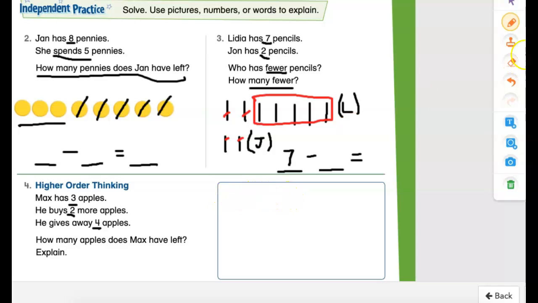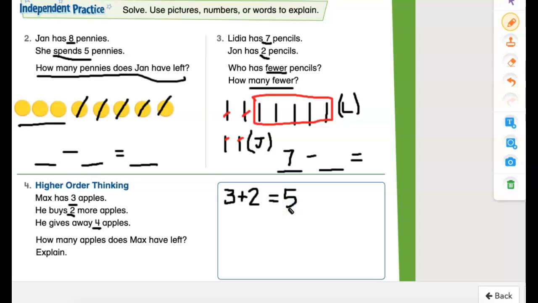So it tells me that Max has 3 apples to start with. He adds 2 more apples. So I'm adding 2 more apples. So 3 plus 2 gives me what number? 5.